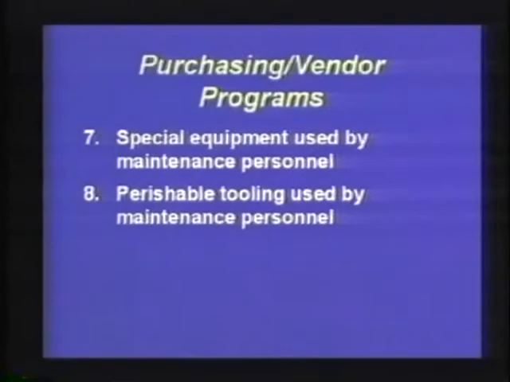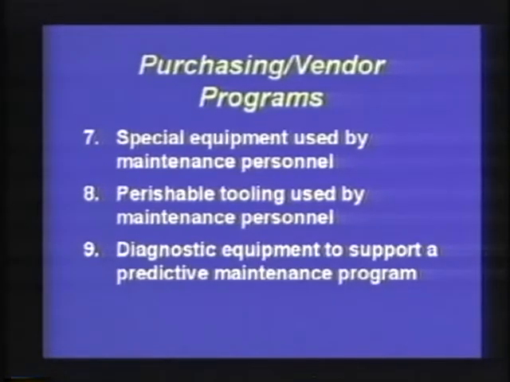Item number 8 would be the perishable tooling used by maintenance personnel, and these would basically be hand tools and other types of perishable tooling like sanders and grinders and saws, files and so forth, where it would pay us to review the availability of different suppliers, perishable tools on the marketplace, and to determine two things: the quality, the longevity, and then the cost of the item.